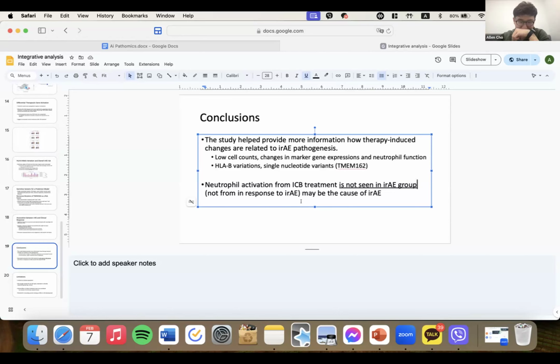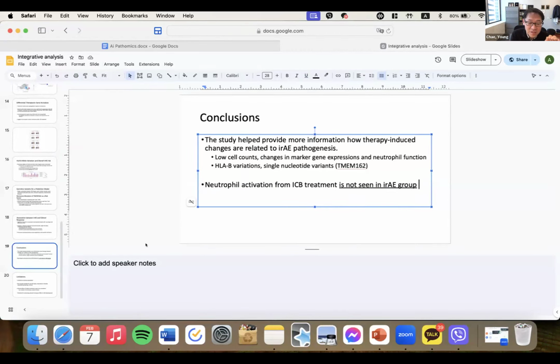Neutrophil activation from ICB treatment is not seen. The more neutrophils, you're not going to see irAE. So I think that's the observation, and then we can hypothesize: is it direct?